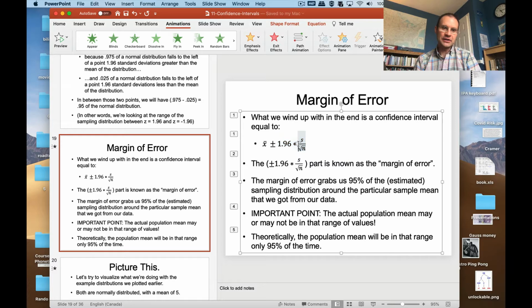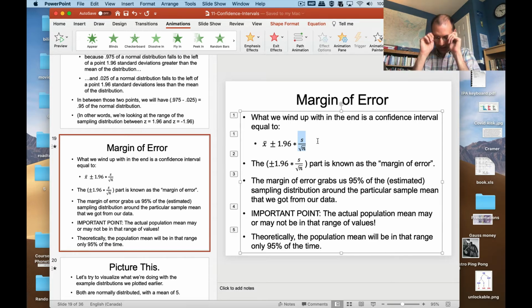The part that's interesting here that I wanted to focus on for a bit is the sample standard deviation s divided by the square root of n, the number of items in the sample. We said that part is called the standard error, which also happens to be the standard deviation of the sampling distribution.